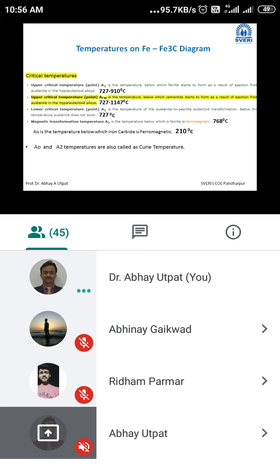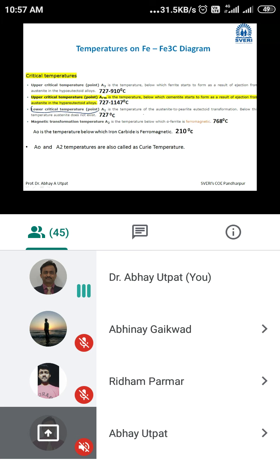And A1 temperature is a very important temperature, lower critical temperature, A1. That is a border, eutectoid reaction, no FCC below 727 at normal circumstances.